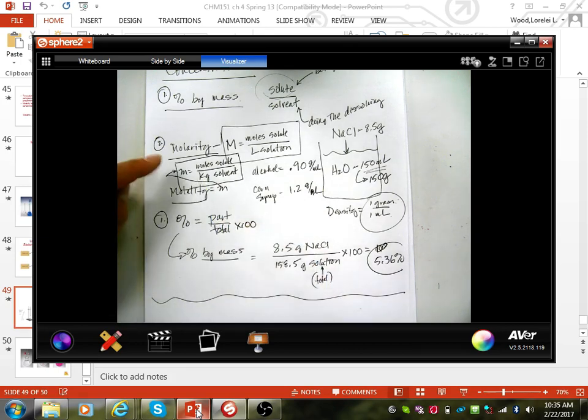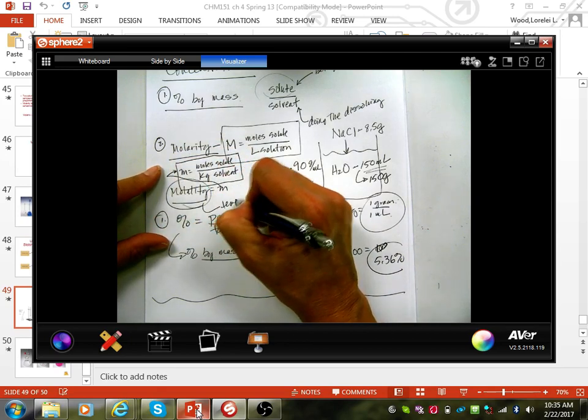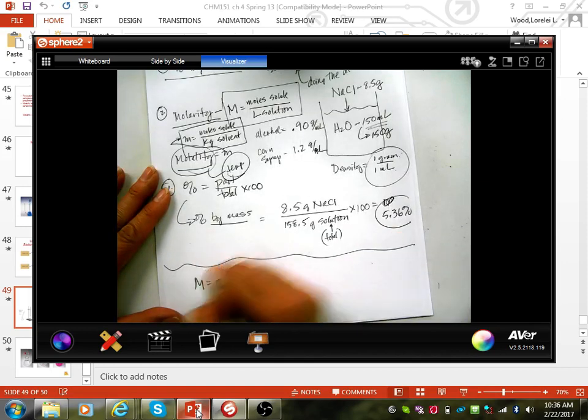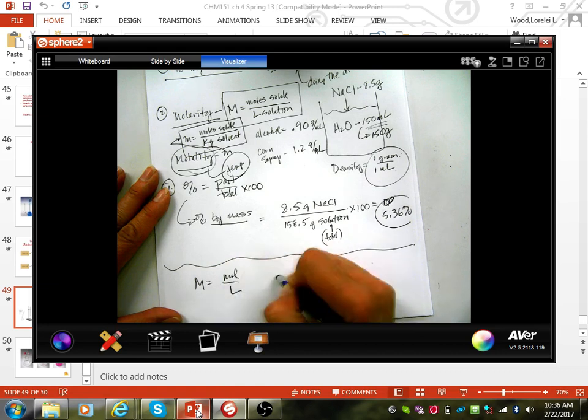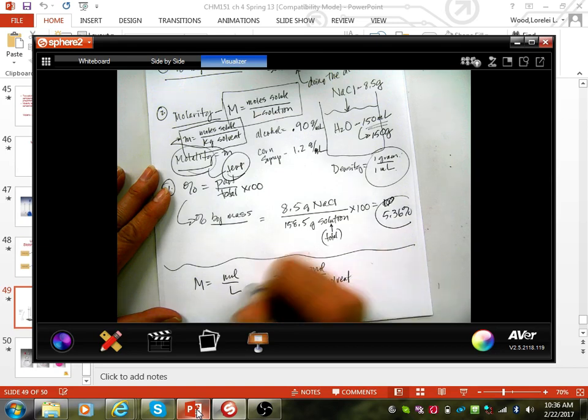We generally tend to use molality when temperature may influence the solution. Why is that? Let's think about that. Capital M, molarity, is moles per liter. Molality is moles per kilogram of solvent. This is liters of solution.